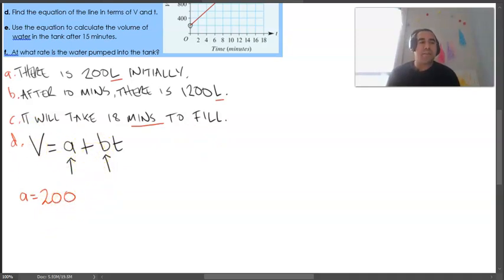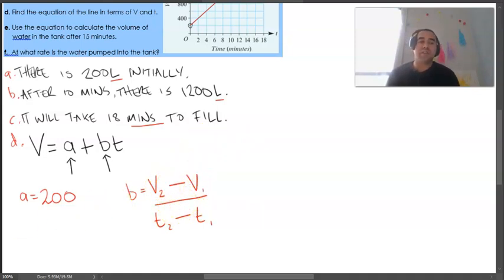To get our B, we're going to find our y2 minus y1 over x2 minus x1. But to be consistent, I'm going to use V and T. So V2 minus V1 over T2 minus T1. Nothing different about this gradient or slope formula other than the fact that instead of Y's and X's, I'm using V's and T's, okay?